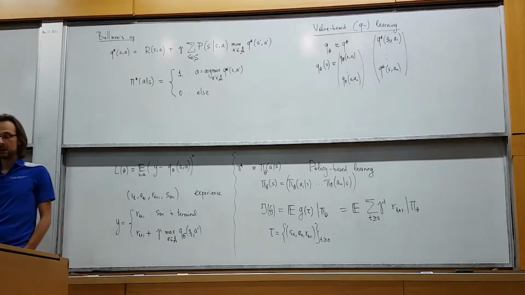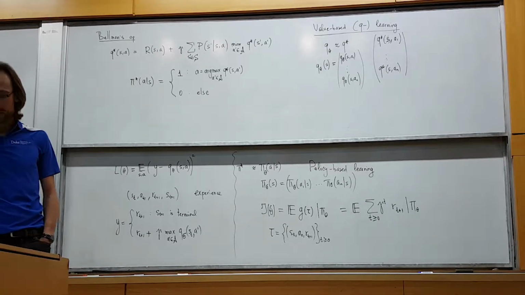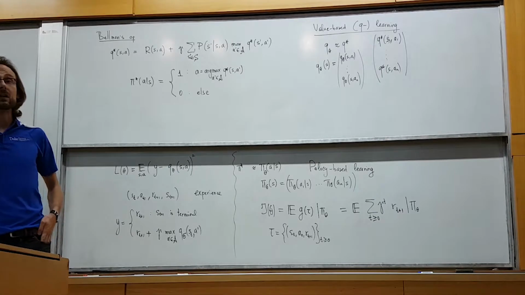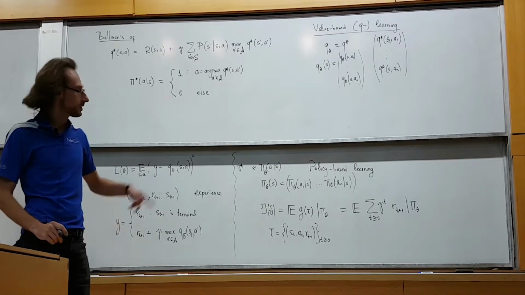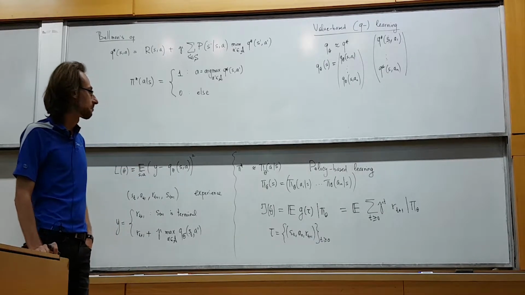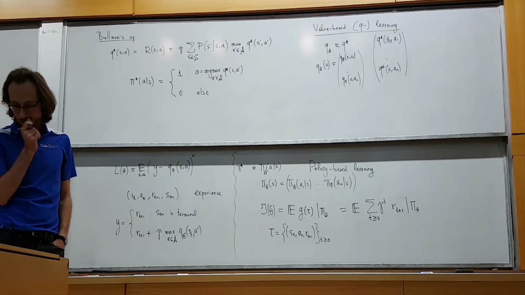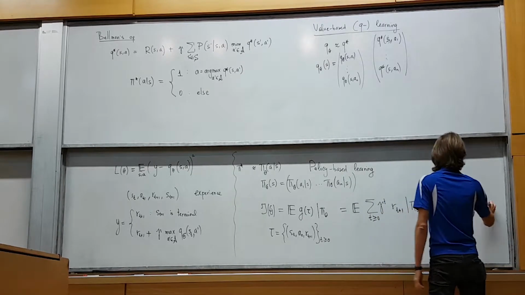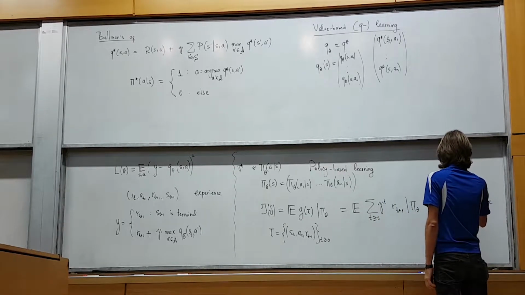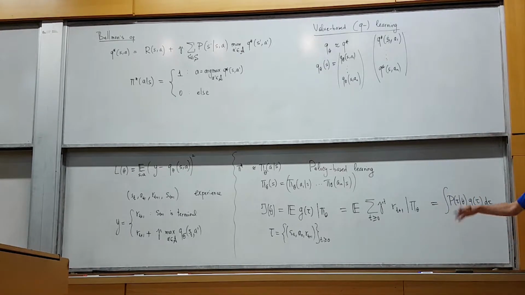So we have this expectation, and let's write the probability of each trajectory explicitly. Let me write this J expectation as an integral d tau of p tau given theta times G of tau.